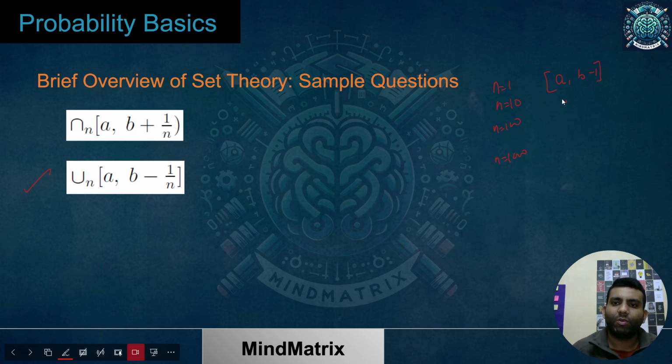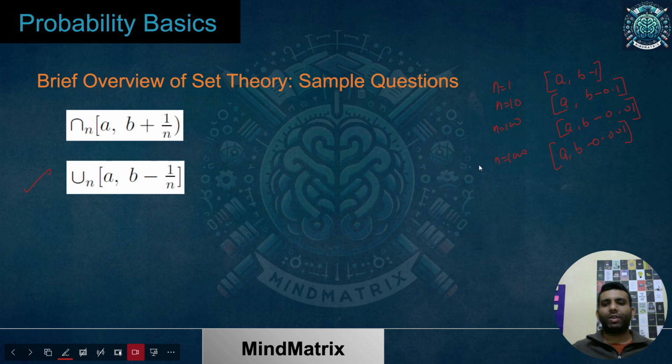For this one, it would be a comma b minus 0.1. For this one, it will be a comma b minus 0.01. And similarly, a comma b minus 0.001.